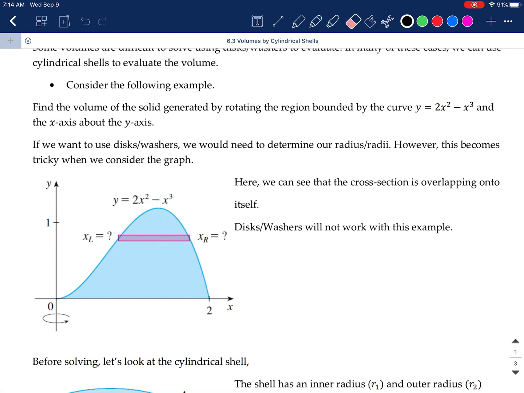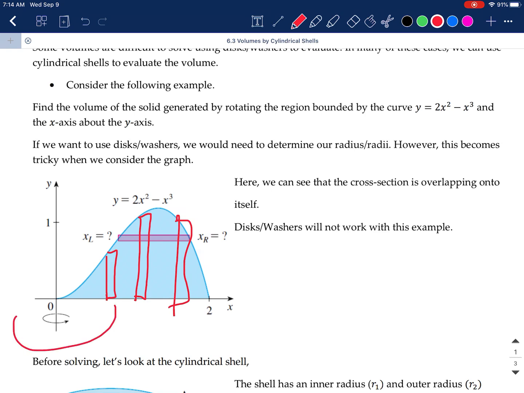Well, we would have to split this up into multiple integrals possibly, and subtract volumes, etc. But it would be much nicer if I could figure out a way to do nice vertical slices as my cross sections, because this would be really easy to rotate around the y-axis if we had that.